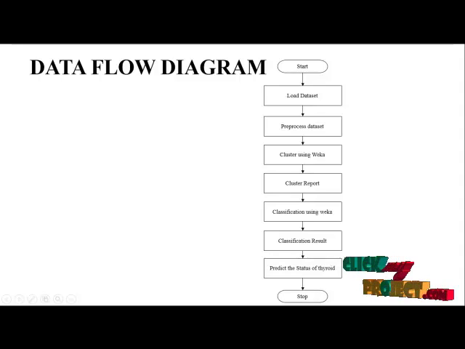The classification results give the classification of each record into two or more classes, and after classification is successful, we predict the status of thyroid for each individual ID in the database, and then stop the program.